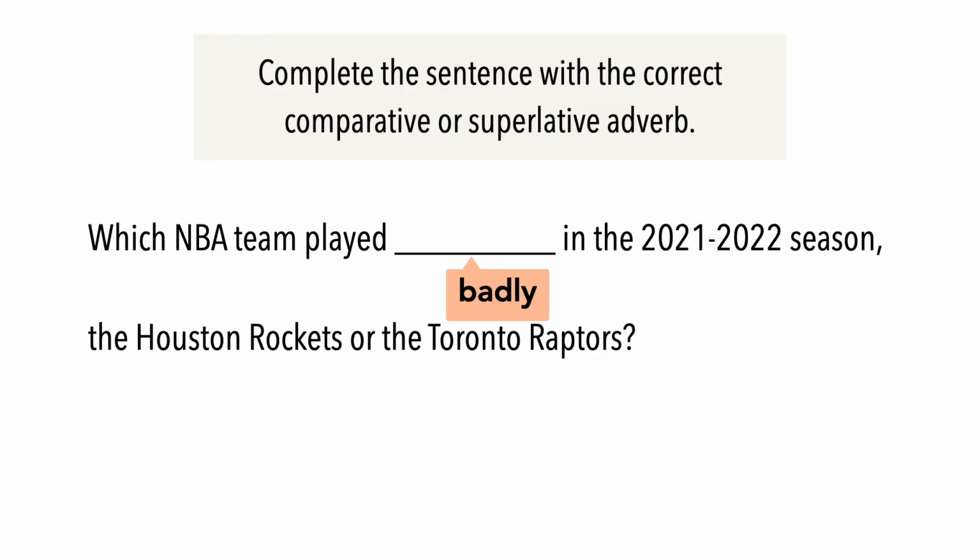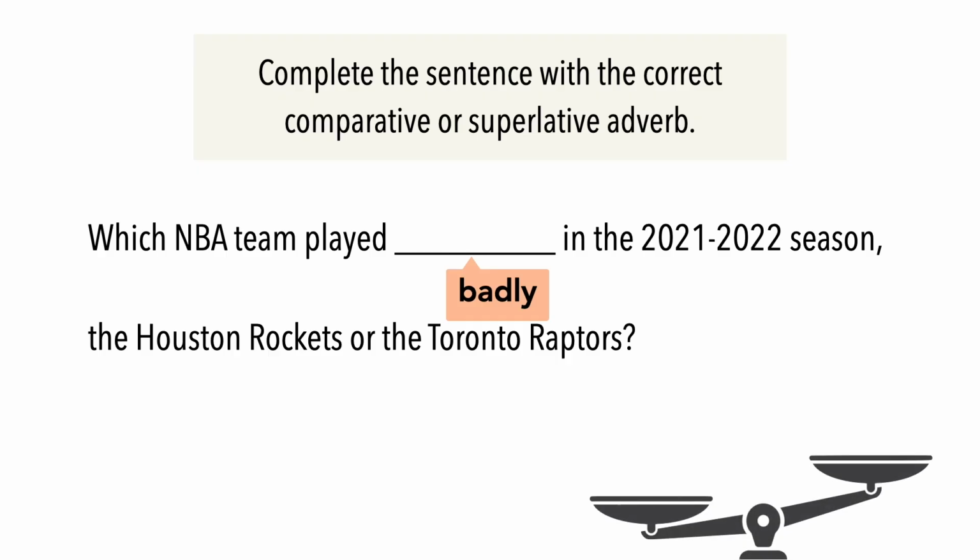Which NBA team played blank in the 2021-2022 season? The Houston Rockets or the Toronto Raptors? We need to decide if we should use the comparative or superlative form of badly. Well, 2 actions are being compared here.